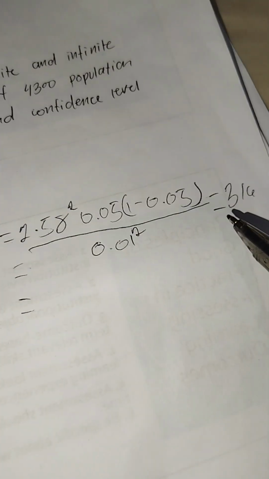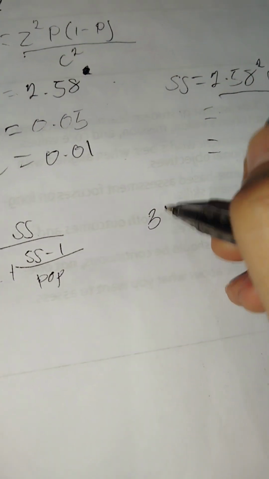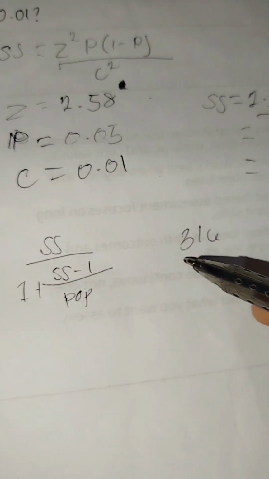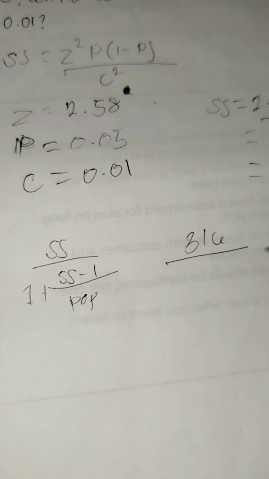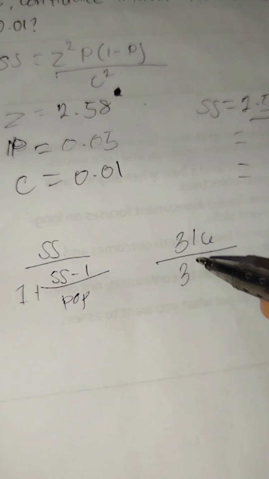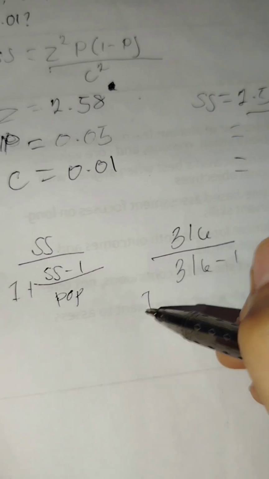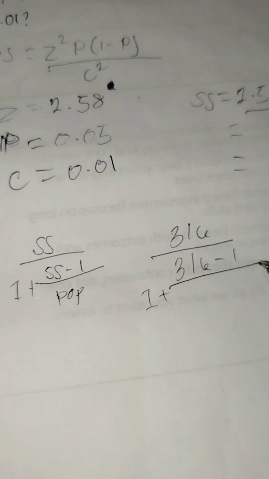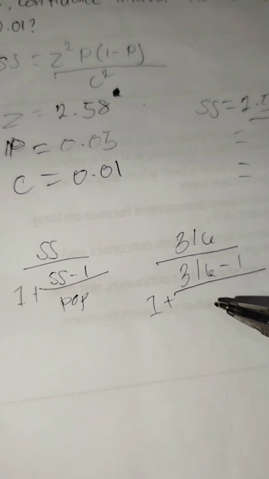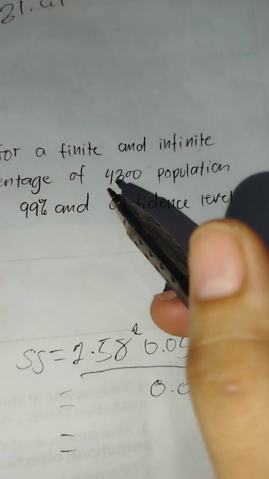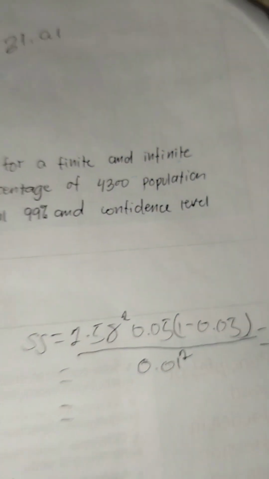So, atong sample size kay 316. So, 316 over 1 plus 316 minus 1 over atong population kay 4,300.